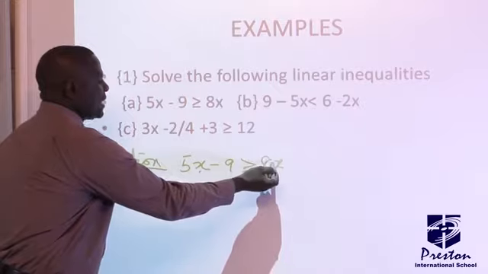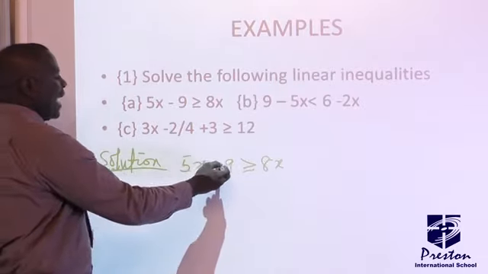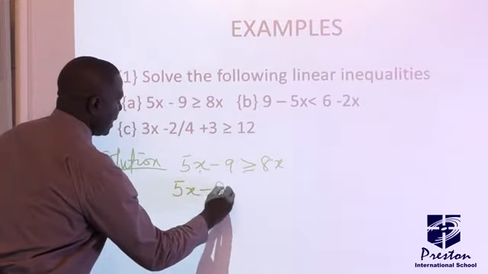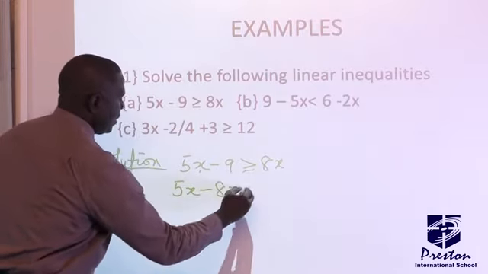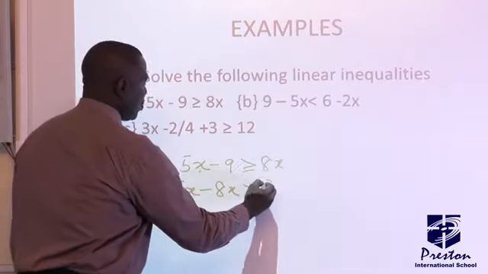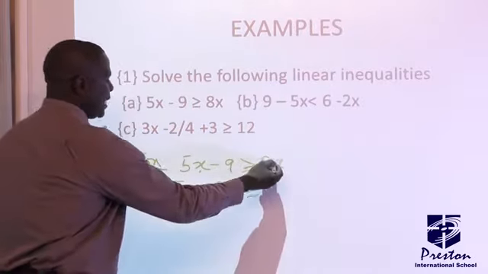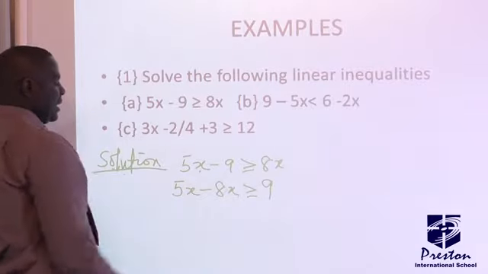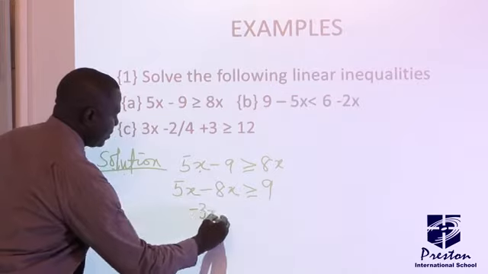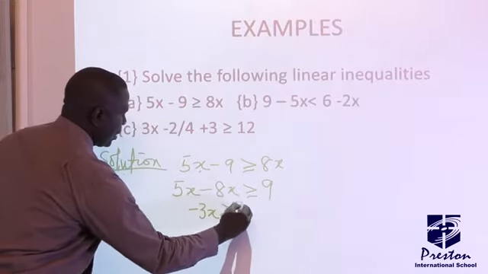You have to carry 8x to this side and take minus 9 to the other side. So you have 5x minus 8x greater than or equal to, by the time minus 9 moves to the other side, it turns to plus 9. So when 8x moves to this side, it becomes minus 8x. So 5x minus 8x will give you minus 3x greater than or equal to 9.